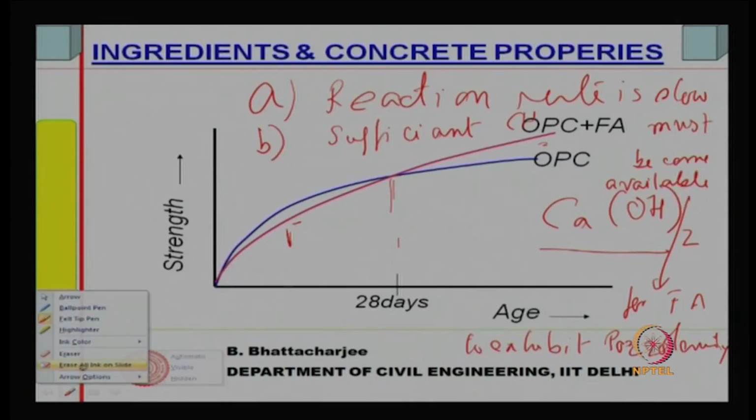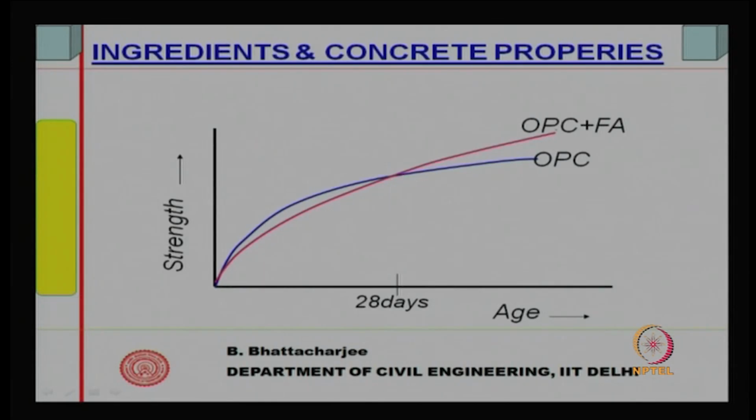But what about long term strength? Well, long term strength, of course, shows significant increase, because after the pozzolanic reaction has started, the void space within the cement water system, which was earlier occupied by simply fly ash particles, gets filled. As we have seen in the hydration process, more and more fly ash will react with calcium hydroxide.